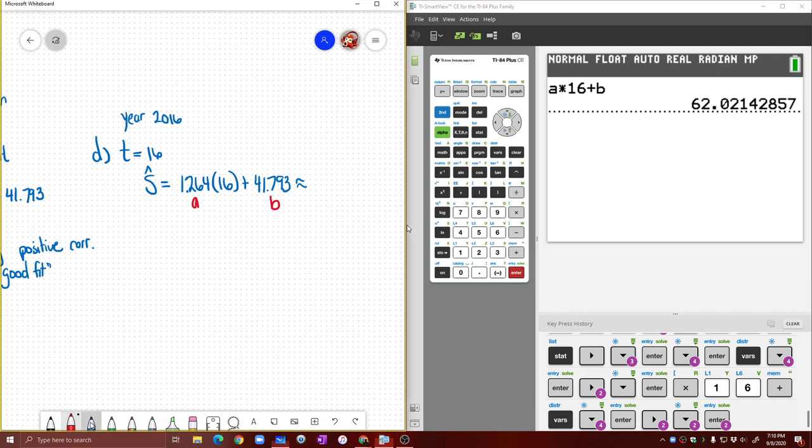So we get 62.021. Remember, this is measured in thousands of dollars. So our approximation would be that in 2016, the mean salary for teachers would be about $62,000.